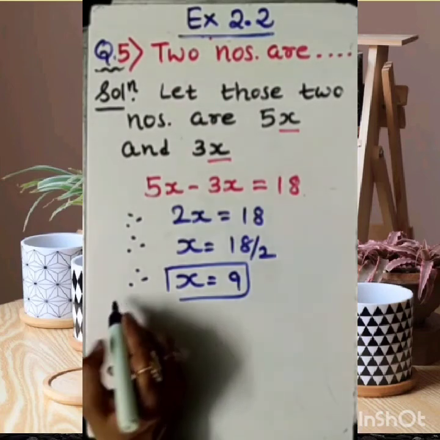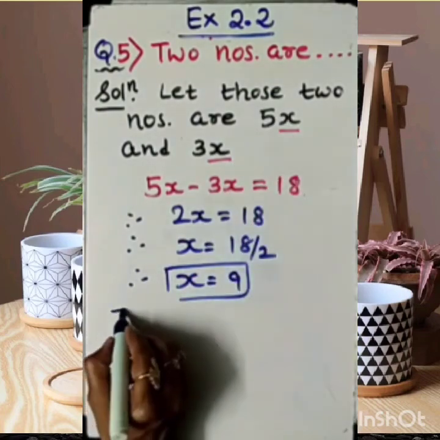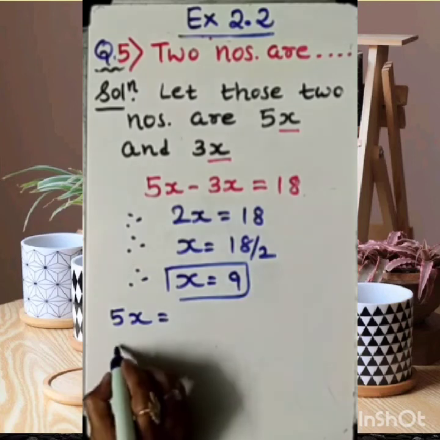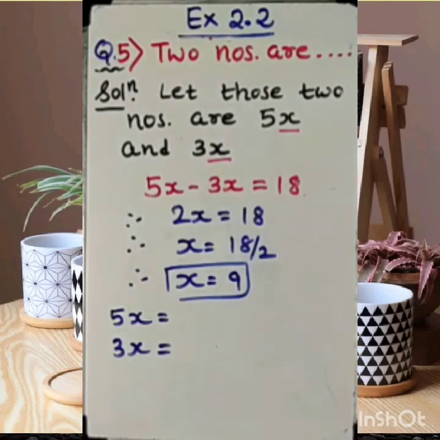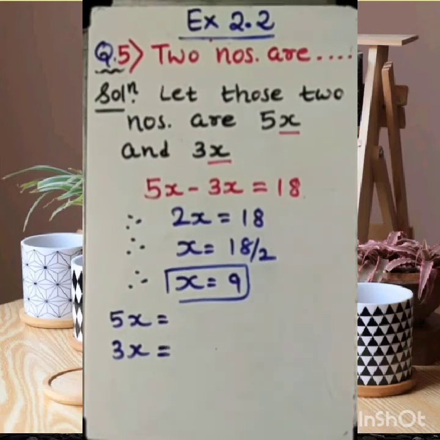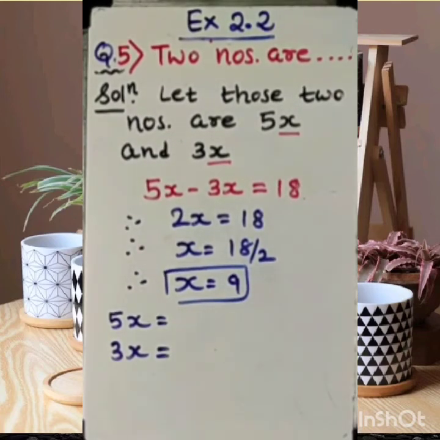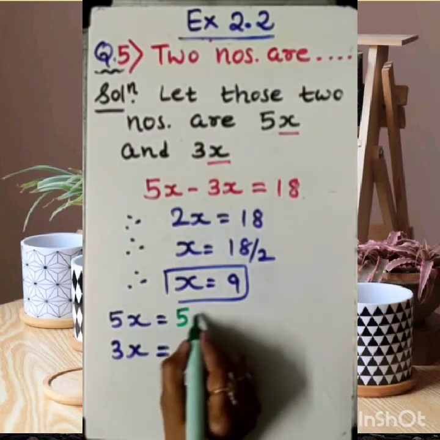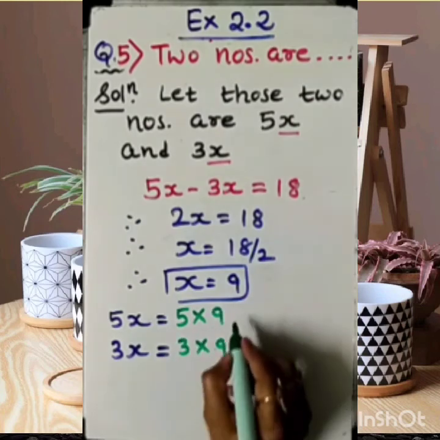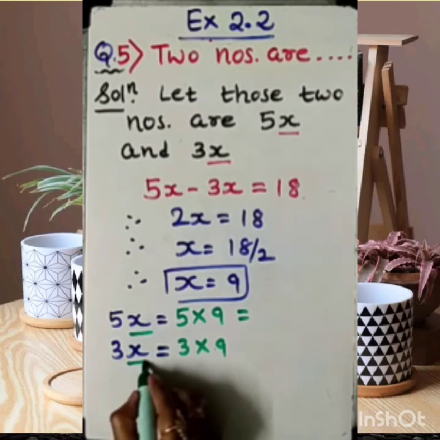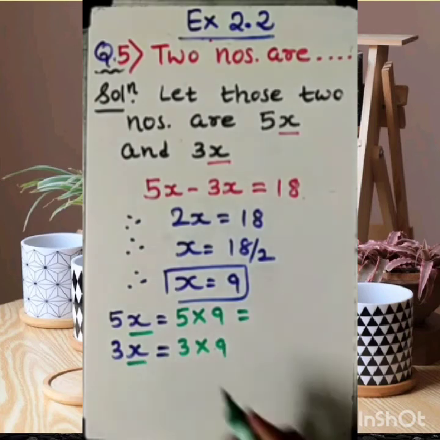Now, how to find the numbers? What was the first number? That is 5x. What was the other number? That is 3x. Now, we are going to put the value of x in that. The value of x here is 9. In place of x I am putting the value 9.